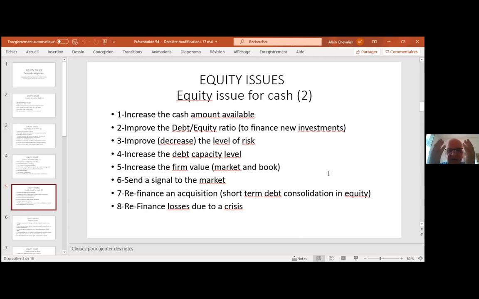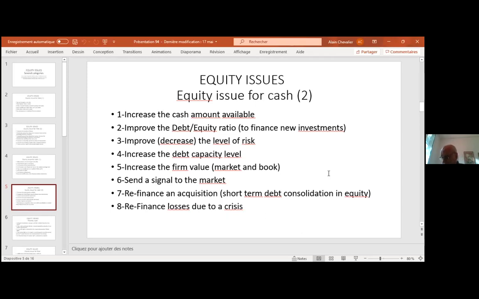at the beginning it is financed by the banks. It is financed by short-term debts, but the CFO has to refinance, to restructure, to consolidate this debt very quickly in order to come back to traditional equilibriums in the balance sheet. So an equity issue for cash is very often done also to refinance an acquisition which was decided very quickly and financed by short-term debt.